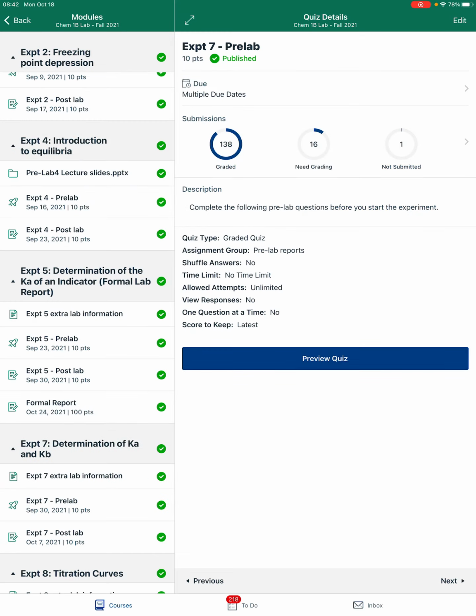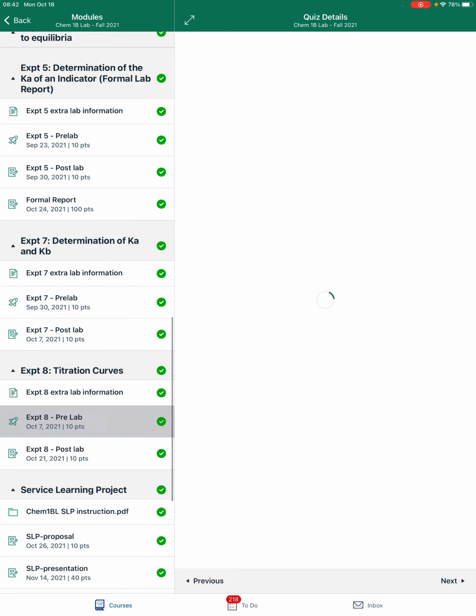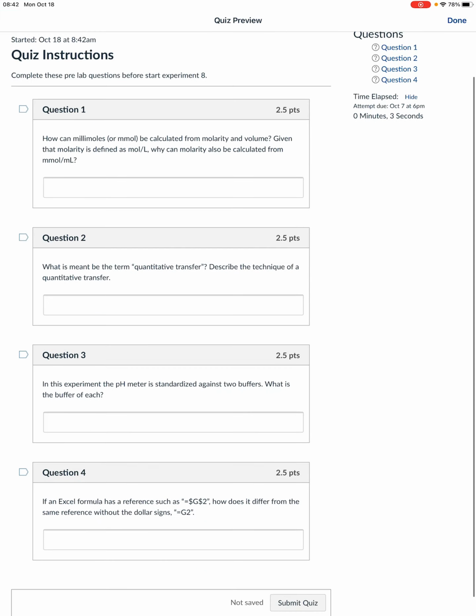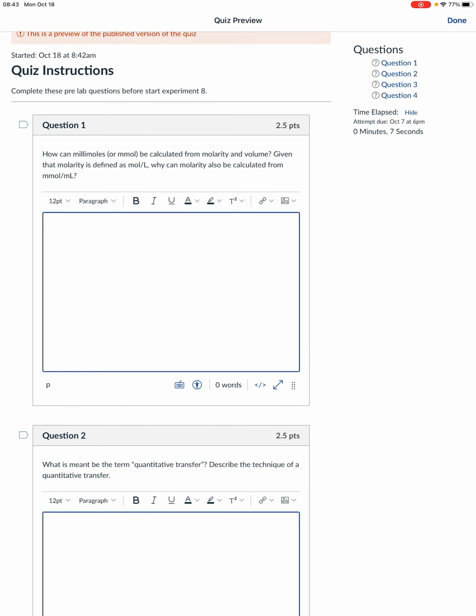Now experiment 8, I think also gave you some pre-lab stuff. So let's take a look at that real quick. How can millimoles be calculated from molarity and volume? Millimoles is only different from moles because we're using milliliters instead of liters.